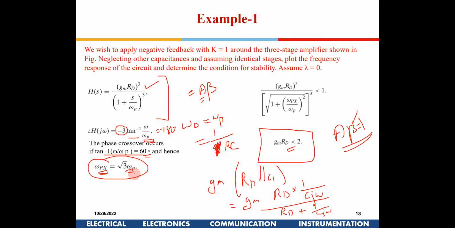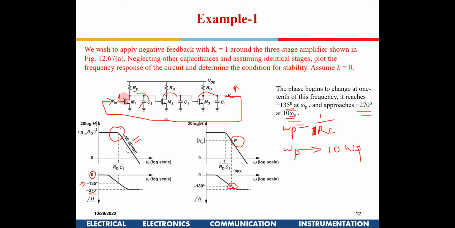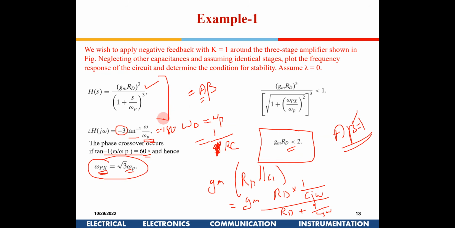If the gain is more than 1 when the phase difference is 180 degree, then any amount of noise available at that particular frequency, when you are giving a feedback, will become an unstable system. Without any input, it will keep getting amplified. So we are ensuring that for that particular frequency and above, the gain is less than 1, to get a stable system. Yeah, got it. Thank you.